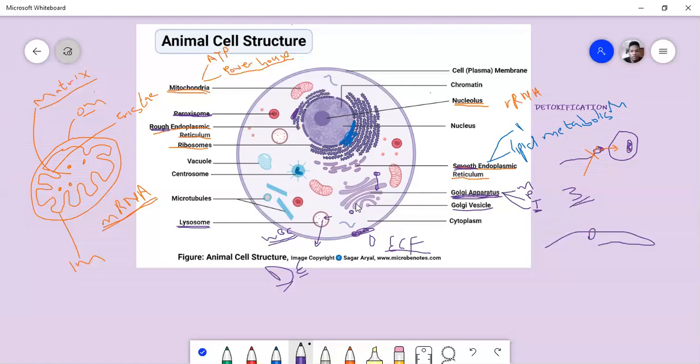And your peroxisomes, the main function of peroxisomes is that they convert what we call free radicals, right? Do you know what is a radical? Okay.